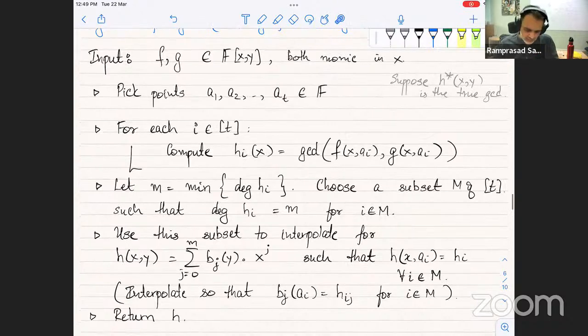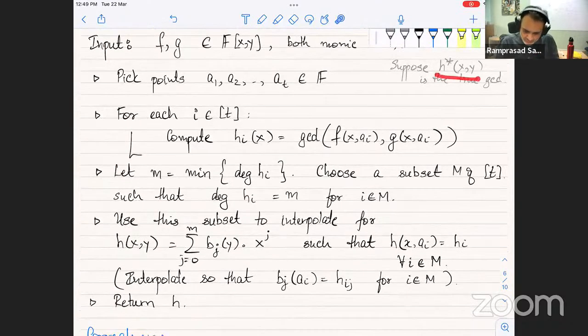And now I say I am looking for h star of x comma y. This h star of x comma y is supposed to have the property that h of x comma ai is equal to hi. And you compute such a polynomial using interpolation. This in some sense is the overall algorithm.